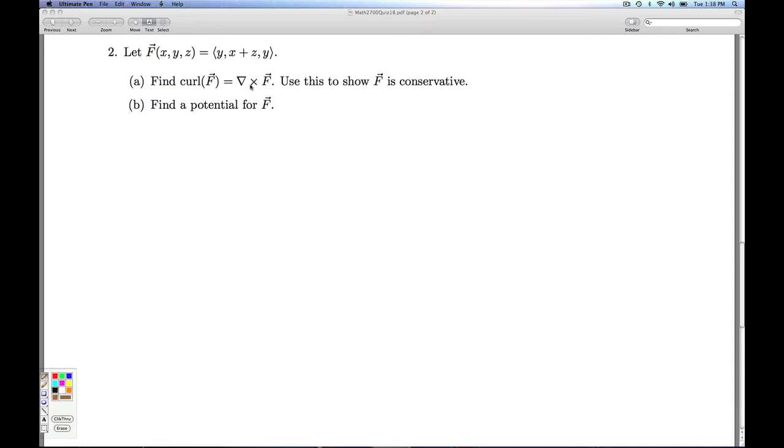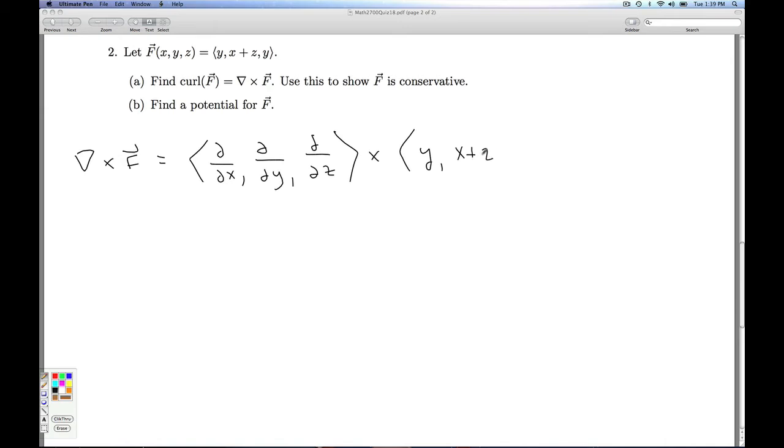Alright, so what is the curl of F? That's del cross F. We're going to use the three-dimensional differentiation operator. Let's see what this works out to be.